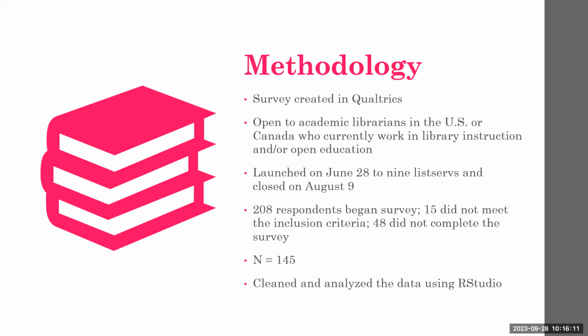Some respondents might also have not felt comfortable in sharing their views on open pedagogy, even in an anonymous survey, which could mean the survey undercounts those with more negative views toward library work in OP. The survey also did not receive enough responses for more in-depth analysis to determine what relationship might exist between the dependent and independent variables.